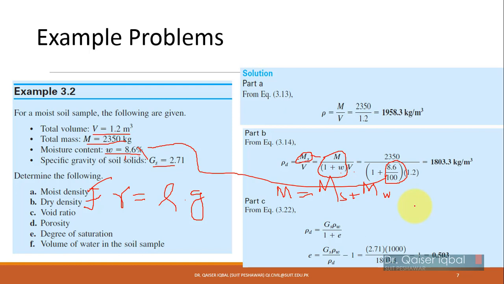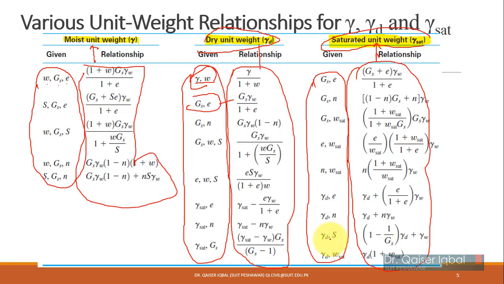So previously we derived the equation for the dry unit weight in terms of GS and e, which was gamma D equal to GS into gamma W divided by 1 plus e. That was the equation for dry unit weight, which is this one. This is what we derived. If you've got GS, gamma W divided by 1 plus e, we can determine the dry unit weight.